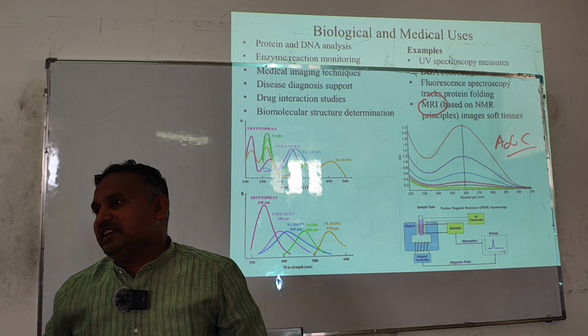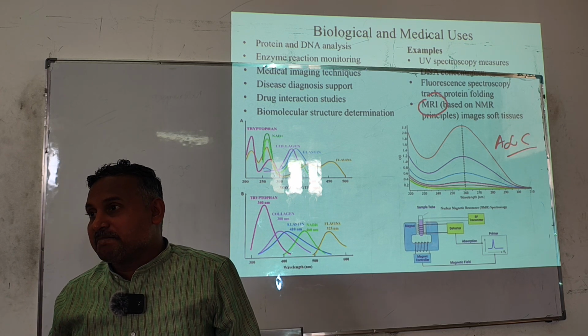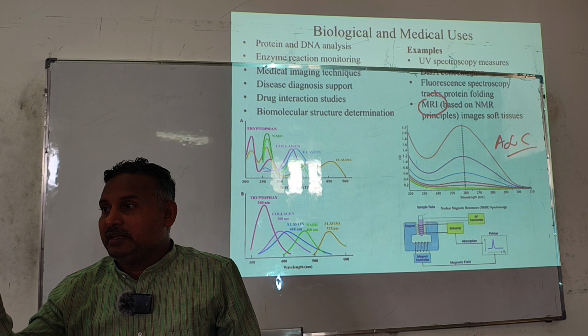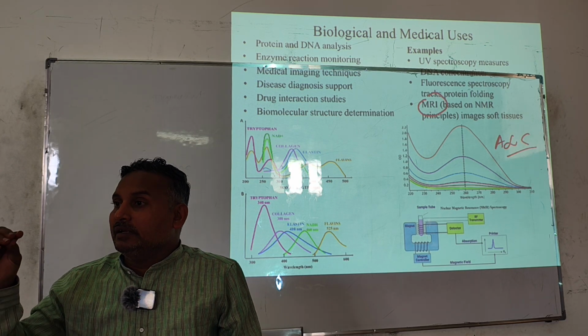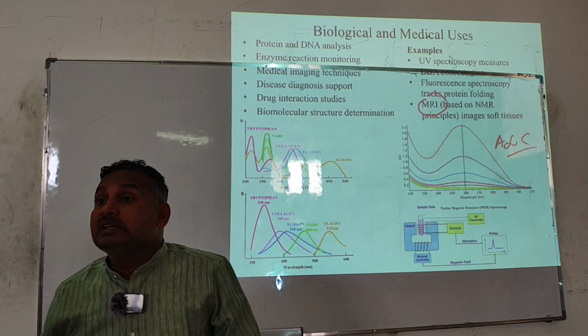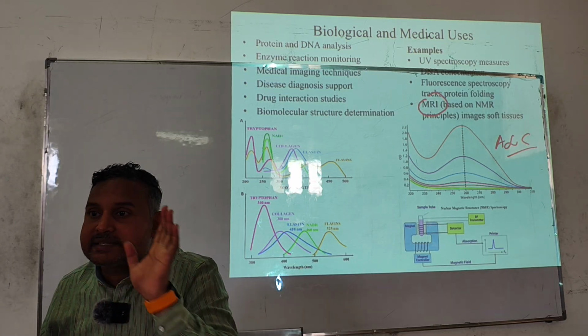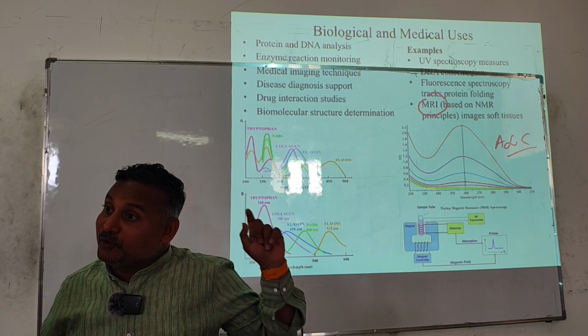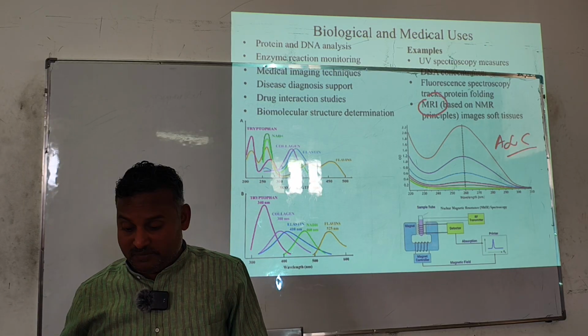That much sensitive techniques. Fluorescence spectroscopy and phosphorescence spectroscopy are useful for analyzing such drugs which are present in very, very low concentration. And that is called a doping test. These instruments are useful for doping tests in sport events.